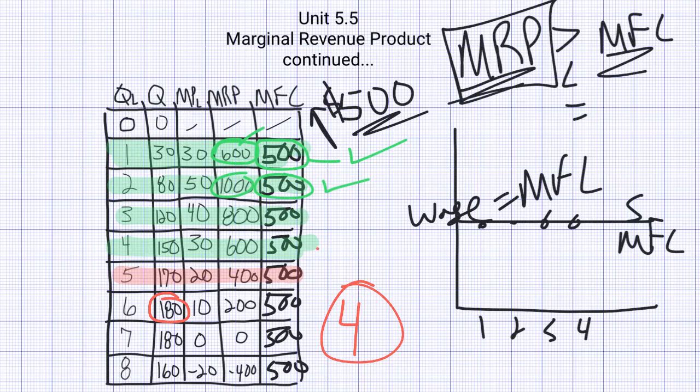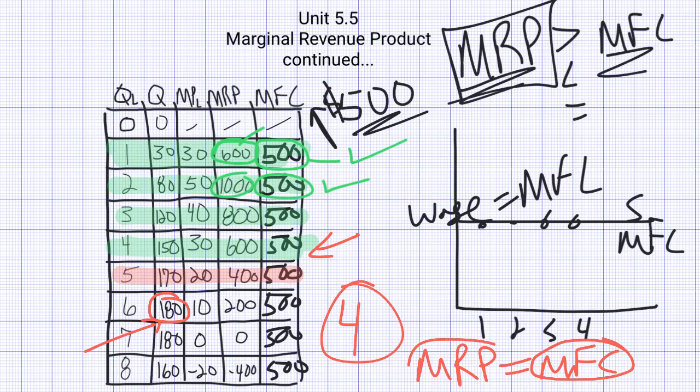And that's the same thing here. The goal is to maximize profit, not the quantity of output. The quantity of output is maximized at 180, but that's not profit maximizing. Profit maximizing is when MRP equals MFC, without the MFC being greater than the MRP.